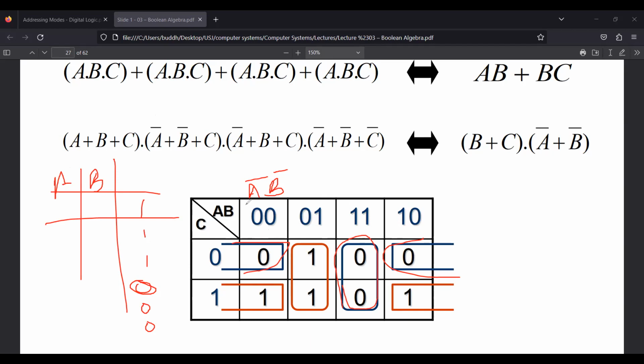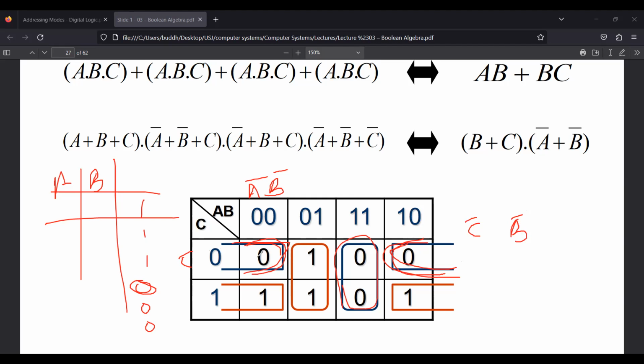So the initial rule, since we are taking zeros, so here our answer, consider these two, this group. So the not changing variables are C bar and B bar, right?